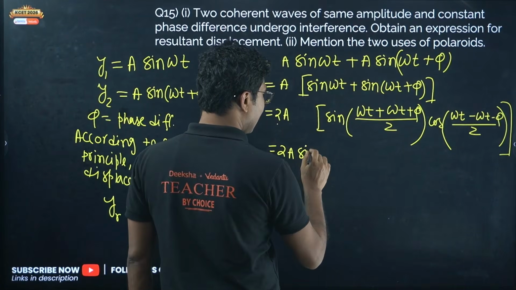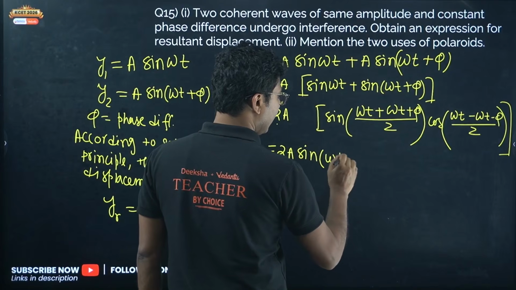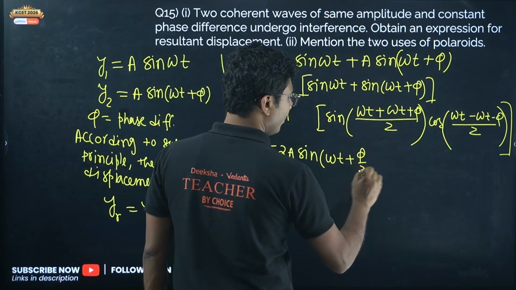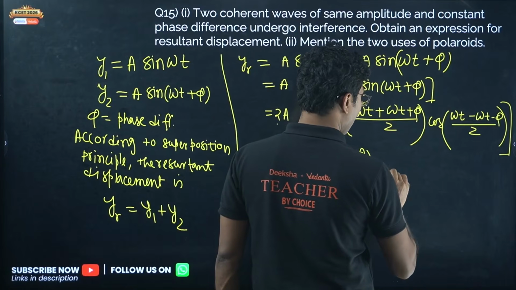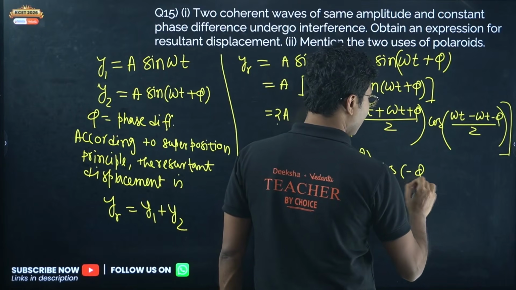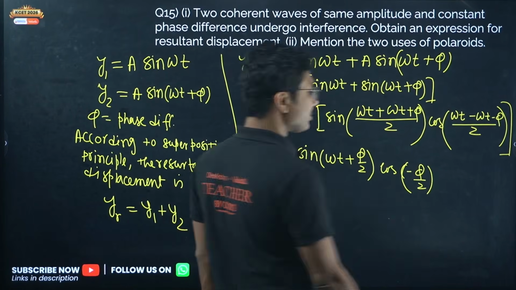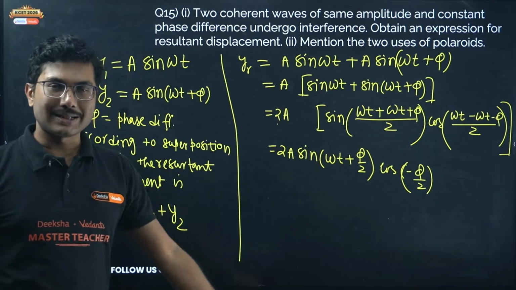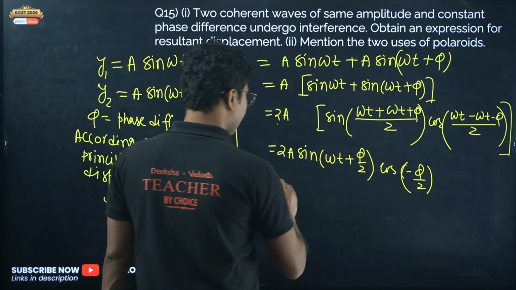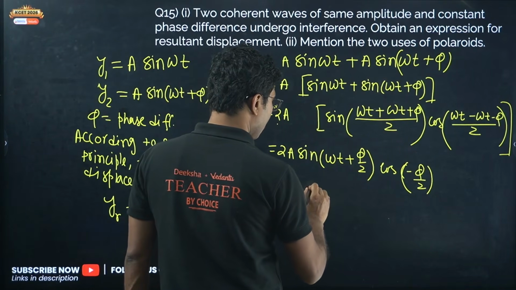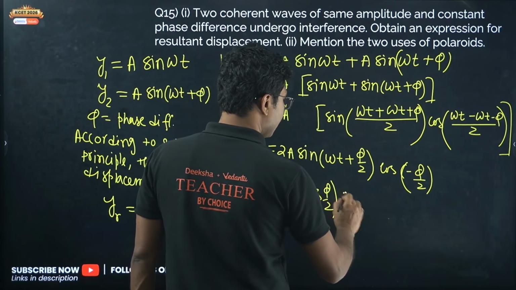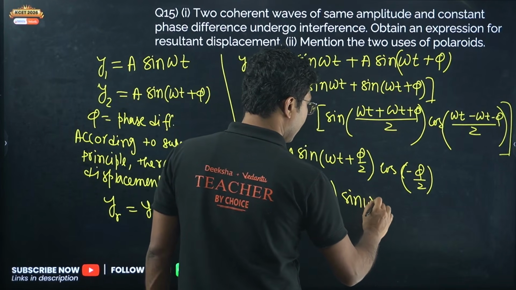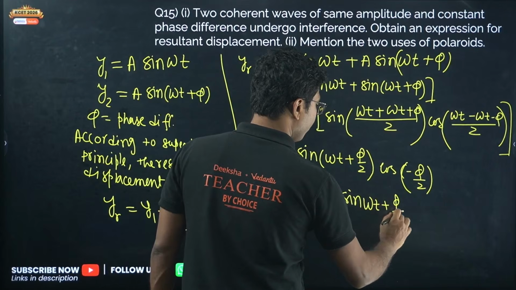So 2a sine of (omega t plus phi by 2), and here omega t cancels, we have cos of minus phi by 2. For cos, minus and plus does not matter, cos of minus theta is cos theta, so we can write this as 2a cos phi by 2 sine of (omega t plus phi by 2).